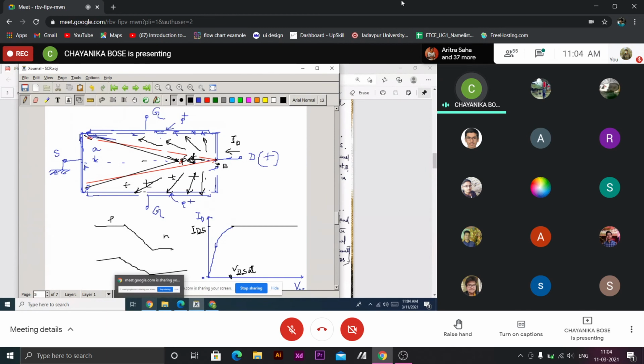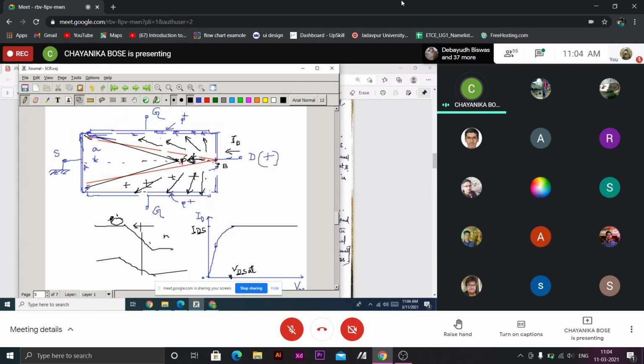This junction field is in this direction in the depletion region. If I take the middle line, this side is positive, this side is negative. So the junction field is in this direction. So the minority electrons, once they enter this, will be swept by the junction field. Similarly, I do not need the minority carriers here. Basically, electrons which are available here will be swept by the junction field.